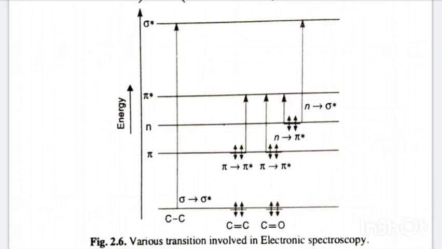The first case is sigma to sigma star. The second case is n to sigma star. The third one is pi to pi star, and the fourth one is n to pi star.